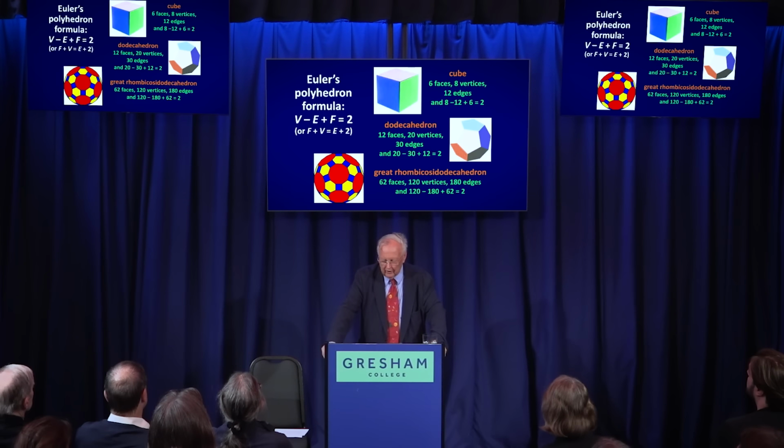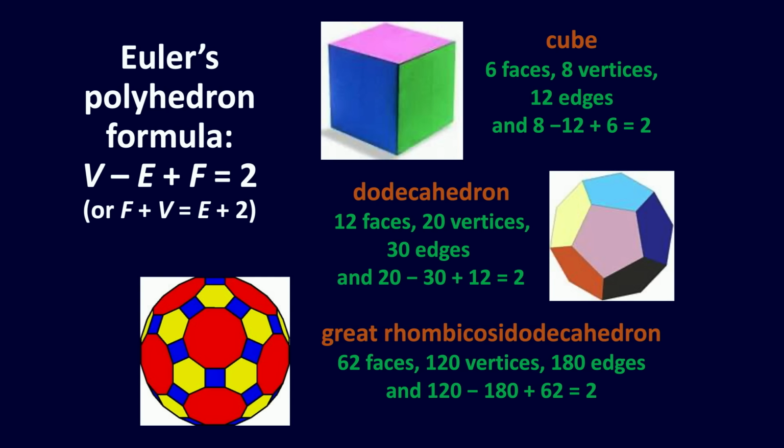But we now come to our equation, Euler's polyhedron formula, that if a polyhedron has V vertices, E edges, and F faces, then V minus E plus F equals 2, or in the version that Euler wrote, F plus V equals E plus 2.